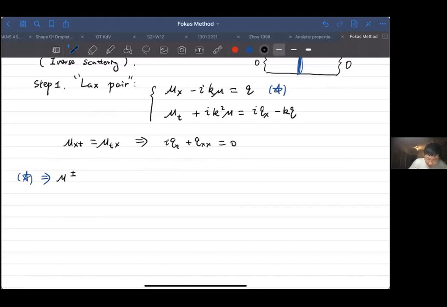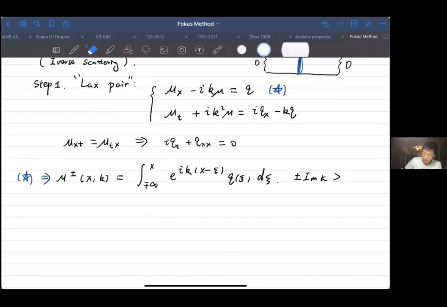And also we can define by the analyticity equal to e to the i k x minus c q c d c, for imaginary k in the upper half plane or lower half plane.